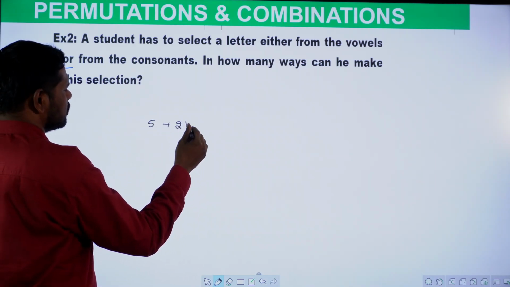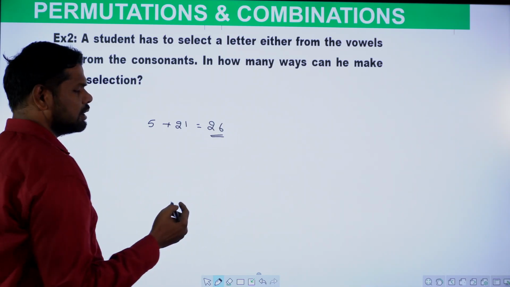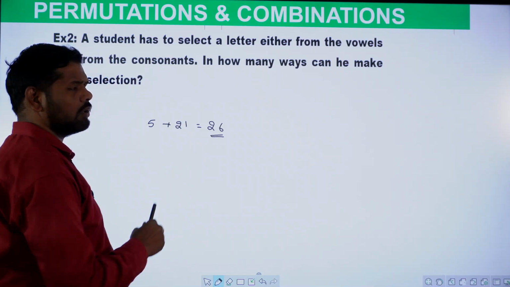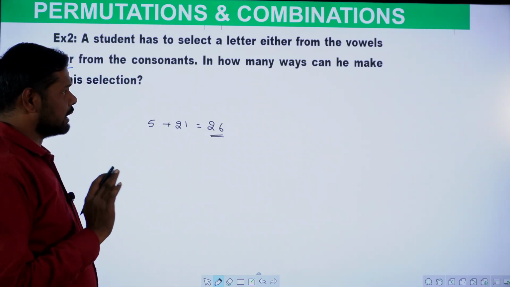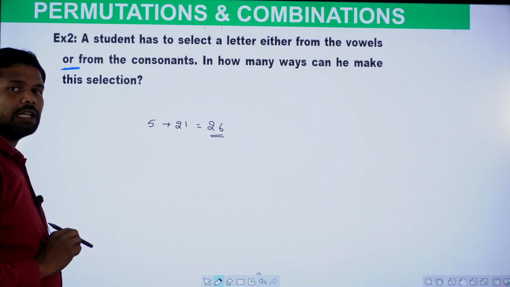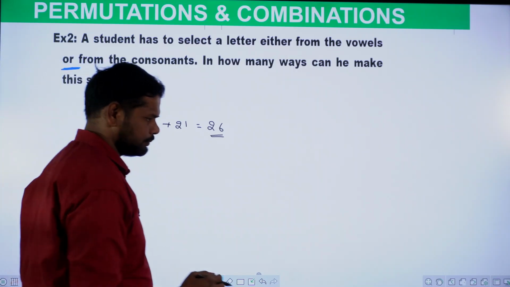Out of these 5 plus 21, in these 26 letters, the student needs to choose only one letter. So in how many ways can he select? 26 ways only. Here it is 'or', and 'or' means plus. That's clear. So or means plus, and 'and' is nothing but a product, right?